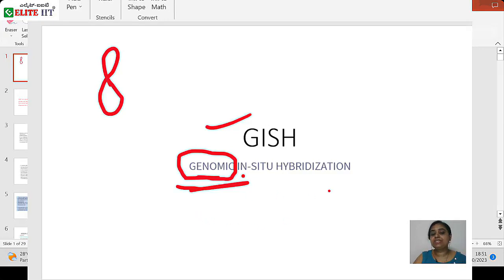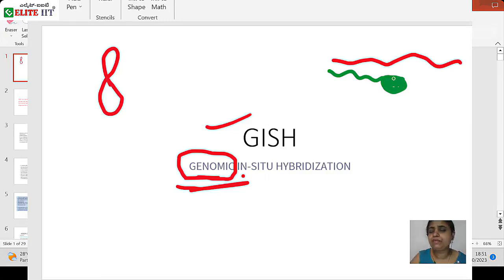In situ hybridization is the same. That means you want to localize one sequence, identify one sequence, and you already have a probe against that, and with the probe, if you are following a direct method, then one fluorescent compound is attached, and you make the hybrids and visualize that. That is the basic concept of in situ hybridization that happens here also.